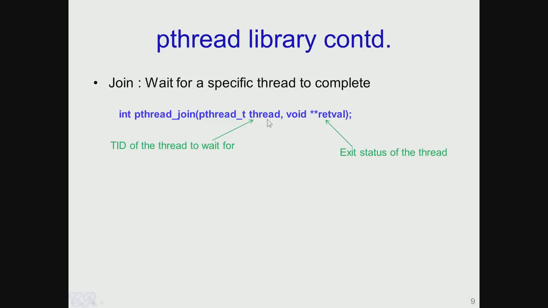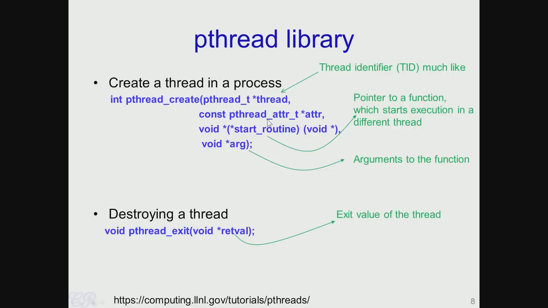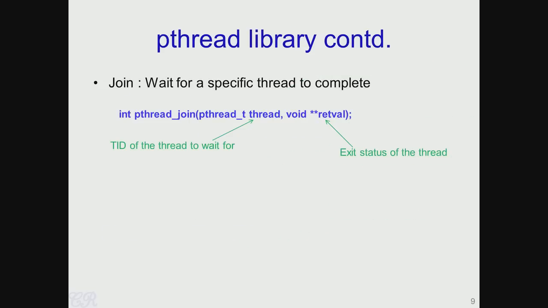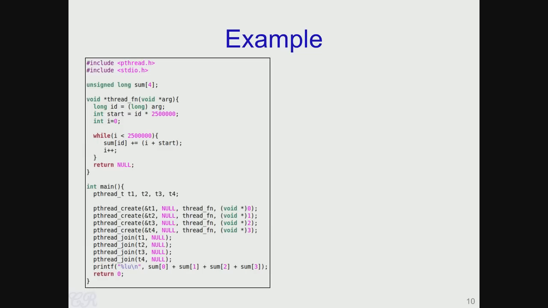Given these 3 functions, pthread_create, pthread_exit and pthread_join, let us see how we could use these pthreads in order to parallelize our program of finding the sum of the first 10 million positive integers. This is the code to do that.